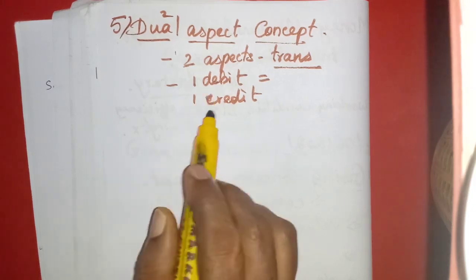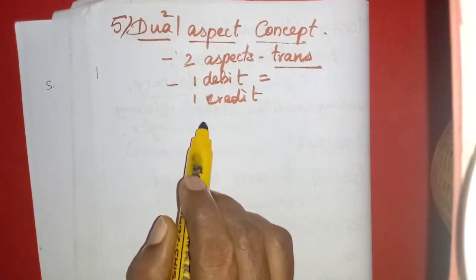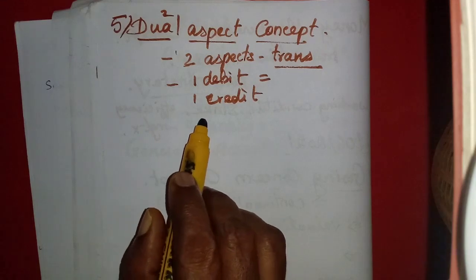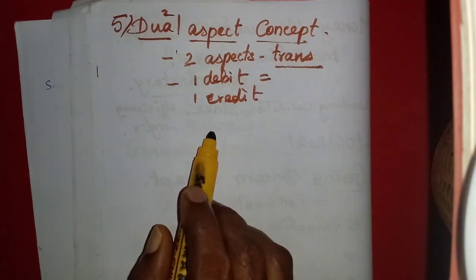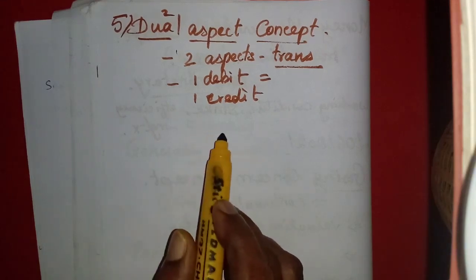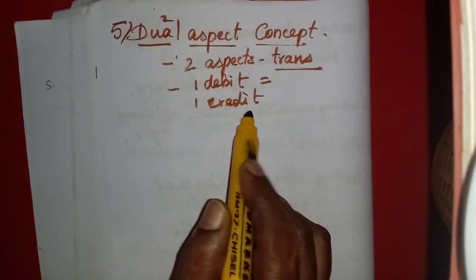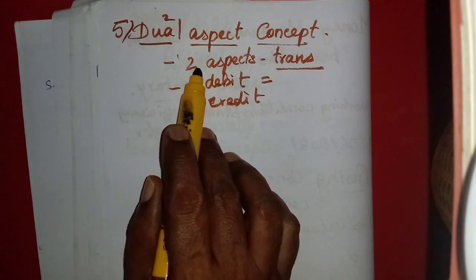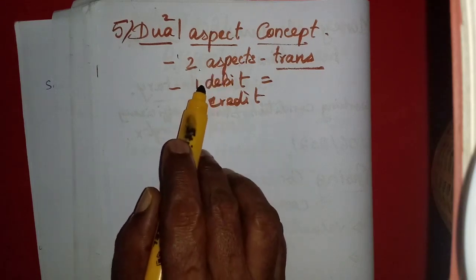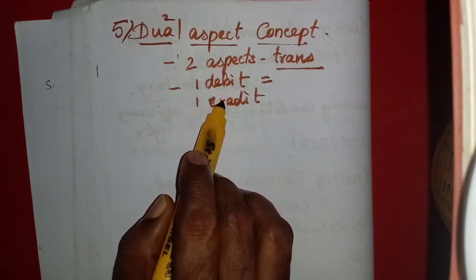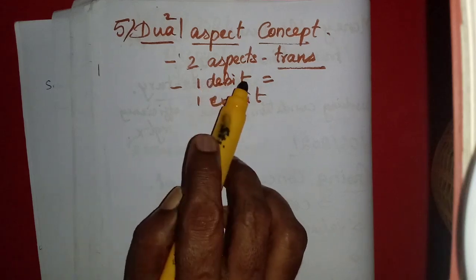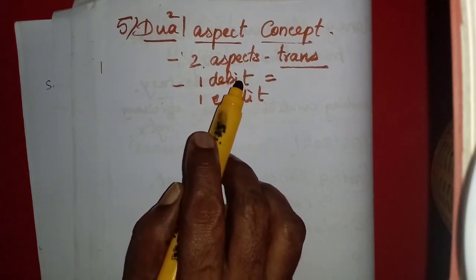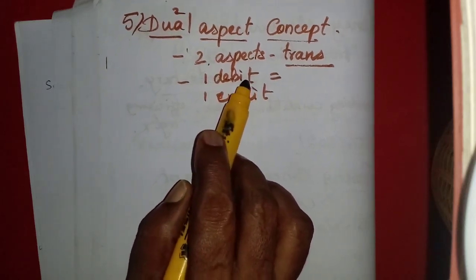When we purchase goods, goods are coming inside, it is an expense. So goods debit and cash going out. So for each and every transaction there are two aspects. If one is debit, the other will be credit. That means a minimum of one debit and one credit must be there. More than one debit or more than one credit may be there.